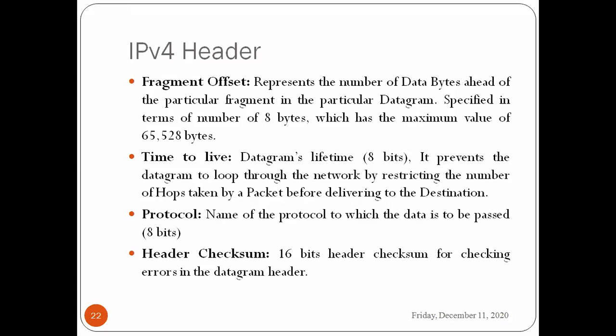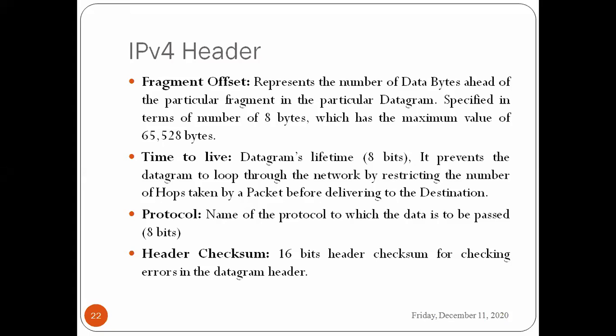The time to live, since the datagram also has a lifetime, is 8 bits. It prevents the datagram from looping through the network by restricting the number of hops taken by the packet before delivery to the destination. So how much time it has to take, that timing information, the lifetime, is mentioned in 8-bit size.